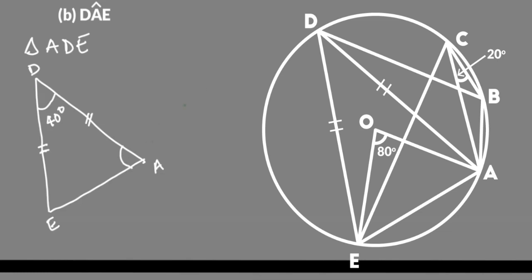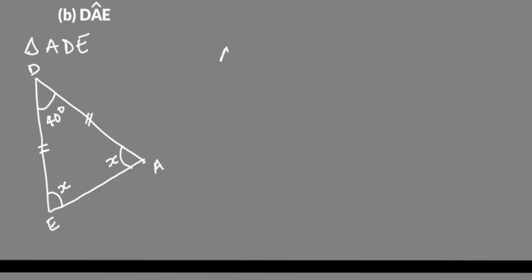This is an isosceles triangle. Therefore, the two angles here at the bottom, which are called the base angles, DAE and DEA, are going to be the same value. Let's label this angle as x. Therefore, this angle here is also going to be x. Angle ADE plus 2x is going to be equal to 180 degrees.